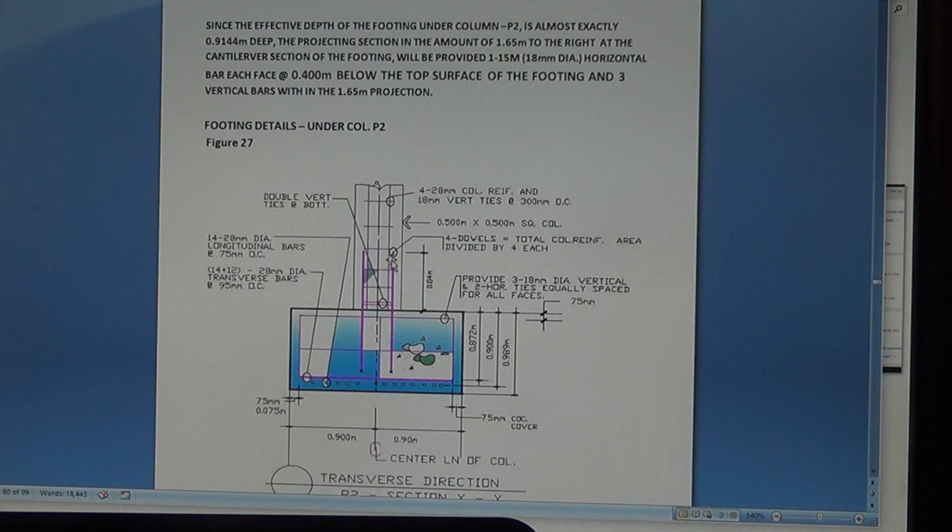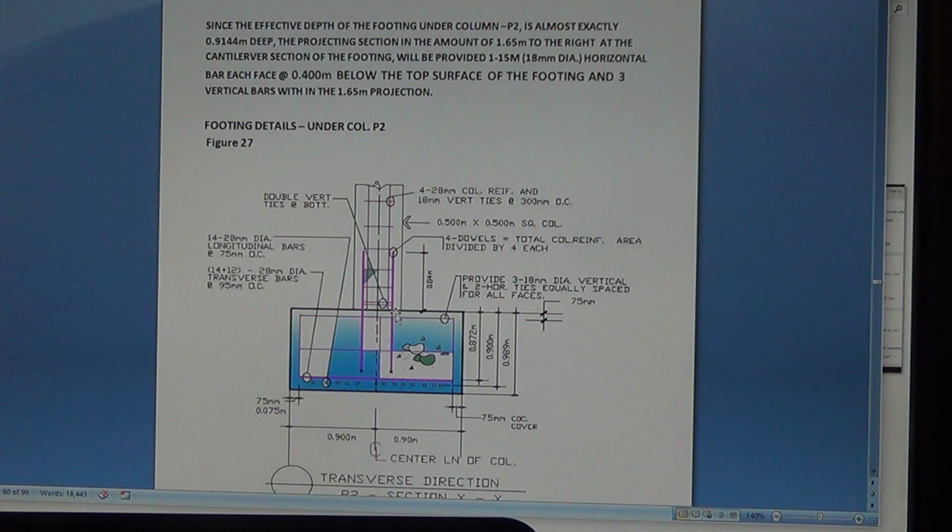There's the column, there's a dowel. The dowel is larger than the column reinforcement. The vertical reinforcement for the column, you might know or you may not know, doesn't go through the foundation. It is cut on top of there.